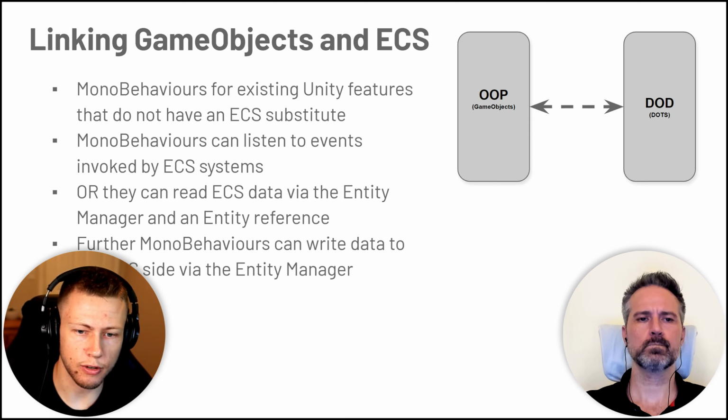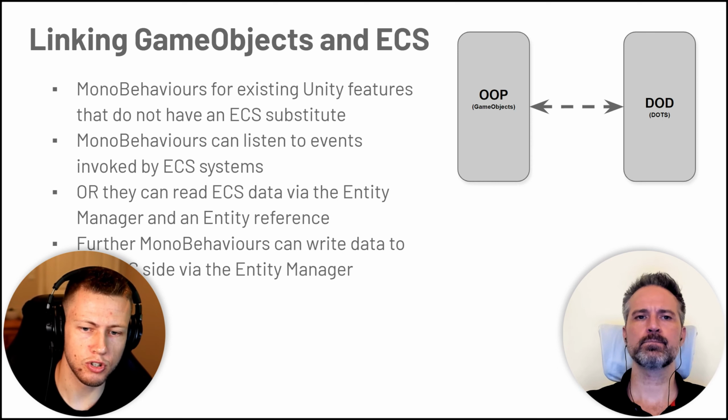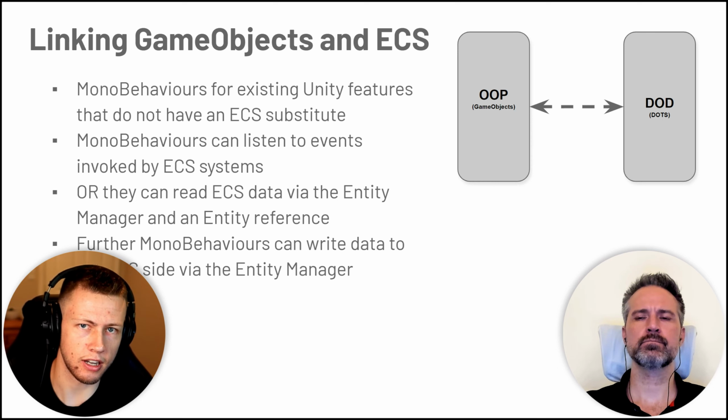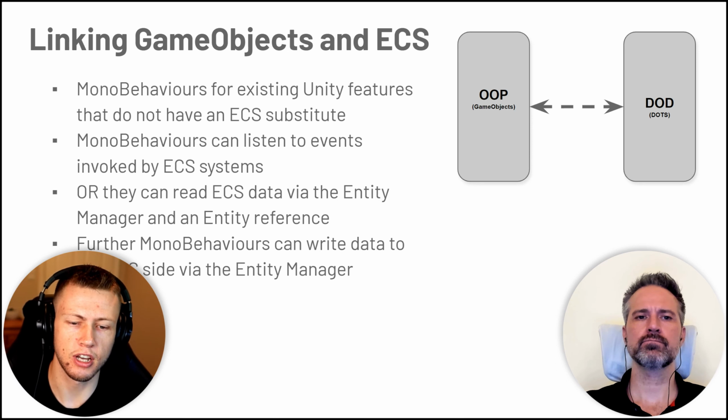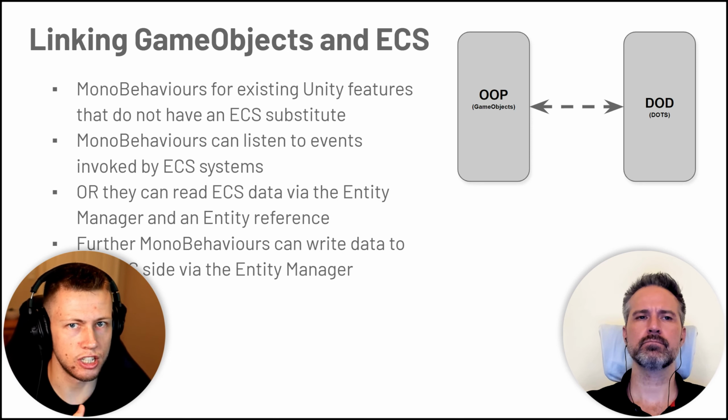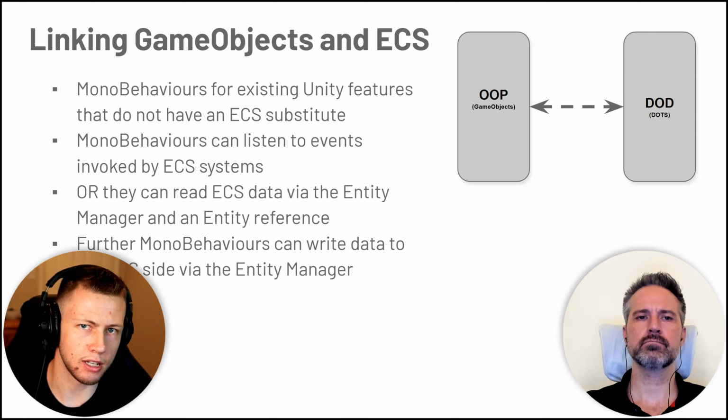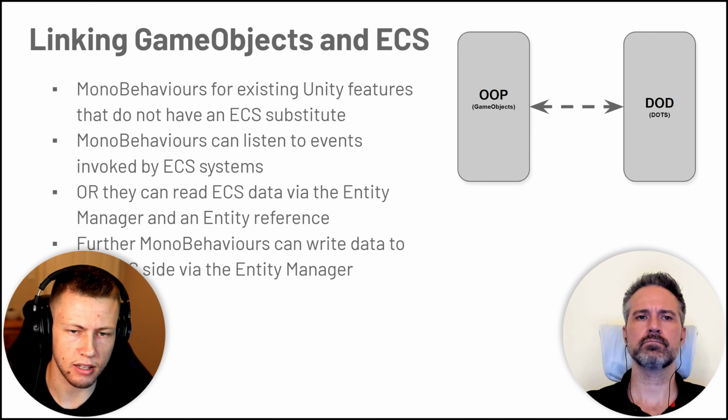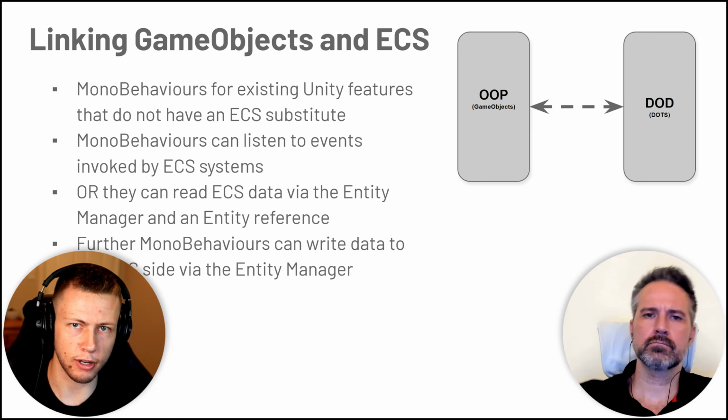There are different ways that we could approach this. Maybe our mono behavior on the front end uses something called the entity manager to continuously read data on the ECS side. This might be more appropriate for something that's constantly updating, so we're not always firing events back and forth.